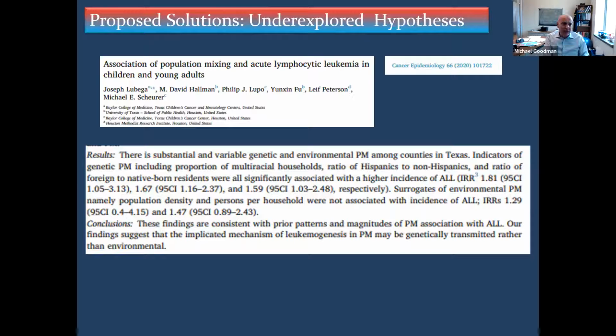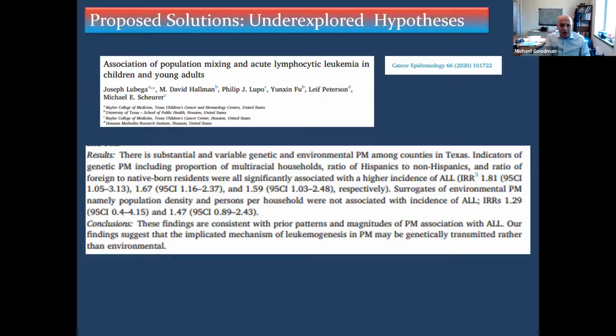What if we need to expand our hypothesis portfolio, so to speak, and start looking to other potential factors, such as population mixing, as well as potential infectious etiology of clusters.